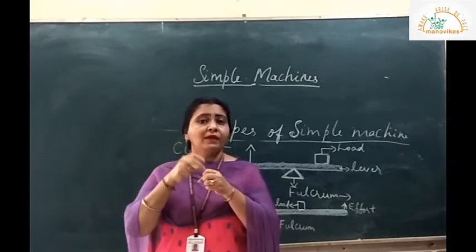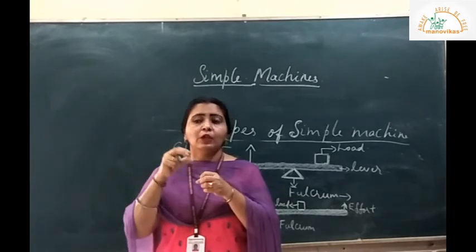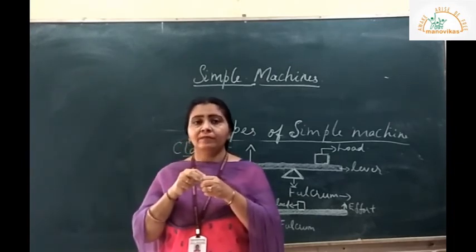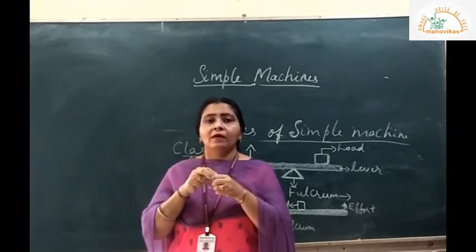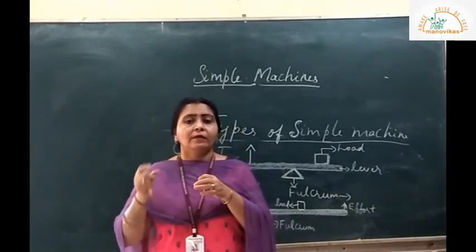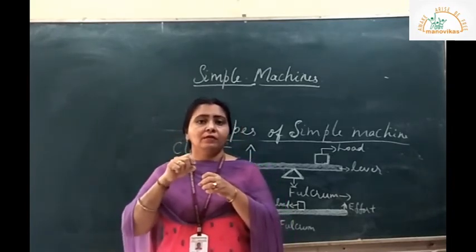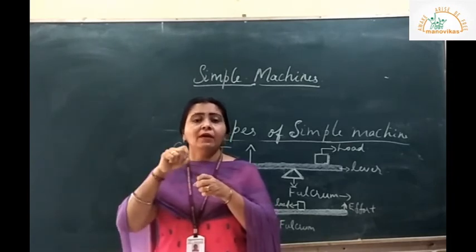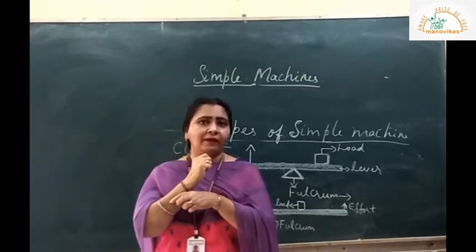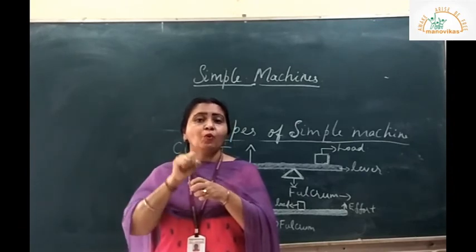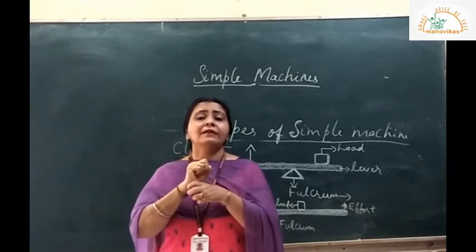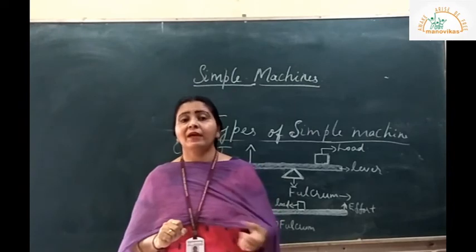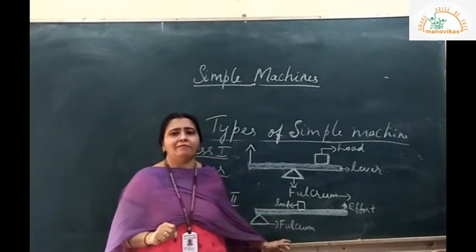So the load will be in the middle, and the opener is the fulcrum, and the force that you are applying to open, which you hold, that is the effort. So that is class 2 lever.